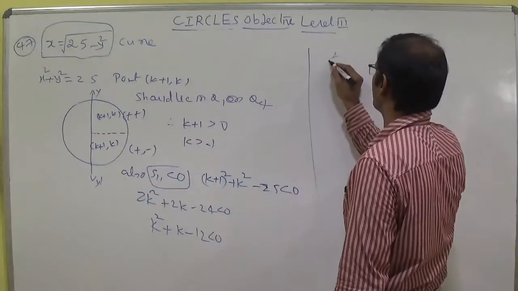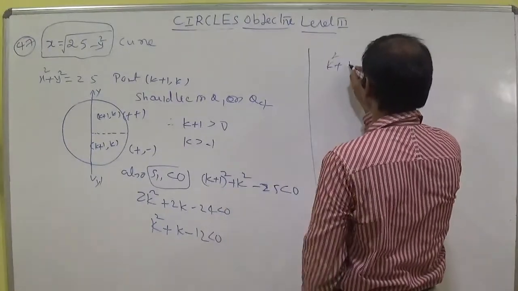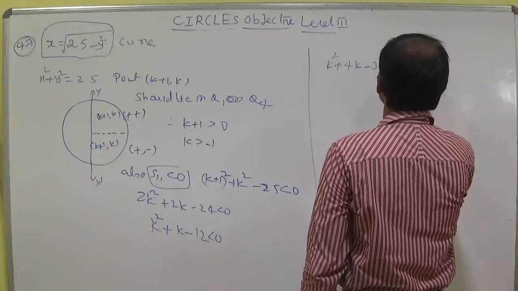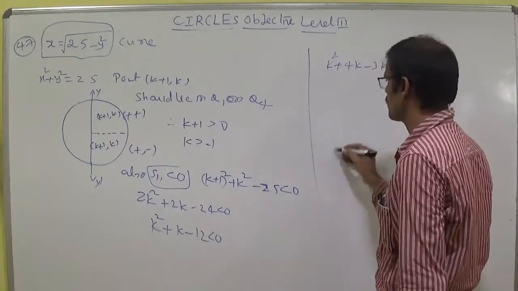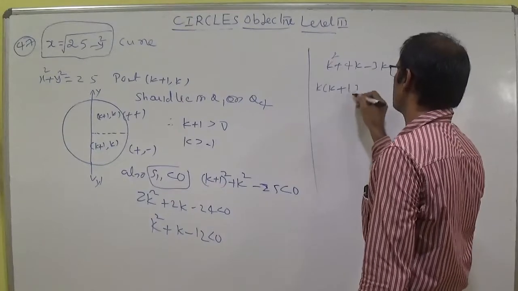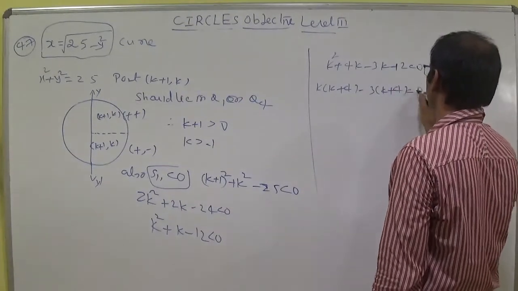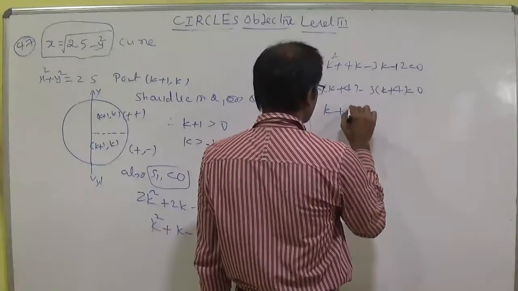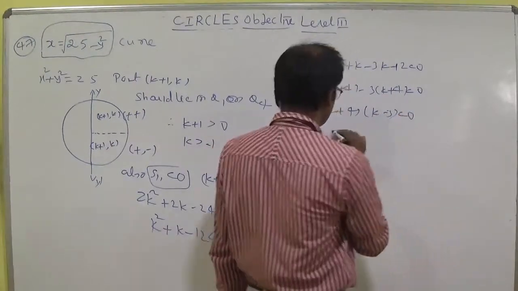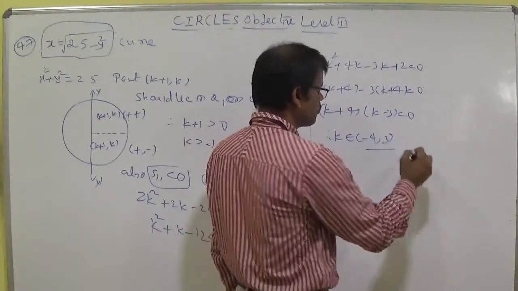Use the factors k square plus 4k minus 3k, the concept is splitting the middle term. k square plus 4k minus 3k minus 12 less than 0. Taking k common, it becomes k plus 4, and taking minus 3 common, it becomes k plus 4 less than 0. You can write k plus 4 into k minus 3 less than 0, therefore k belongs to the open interval minus 4 comma 3.